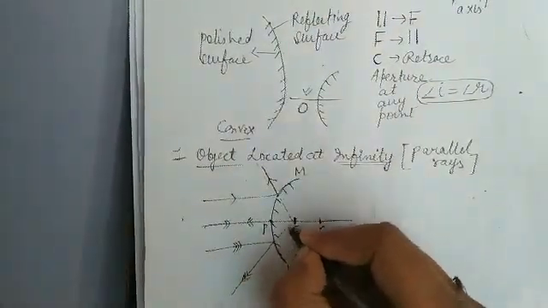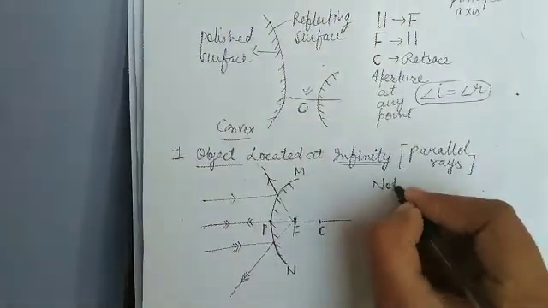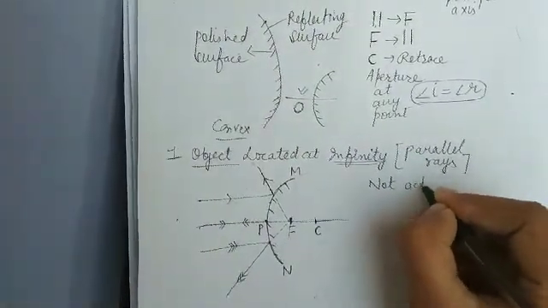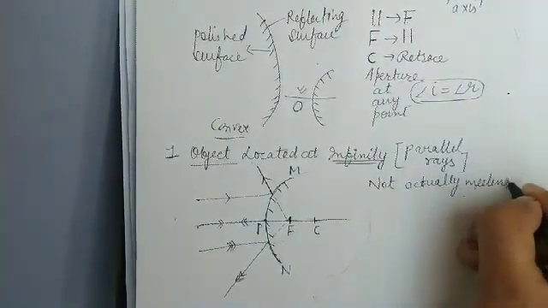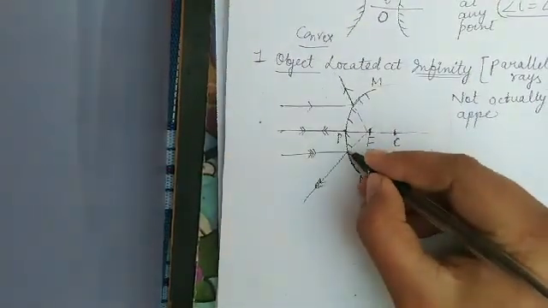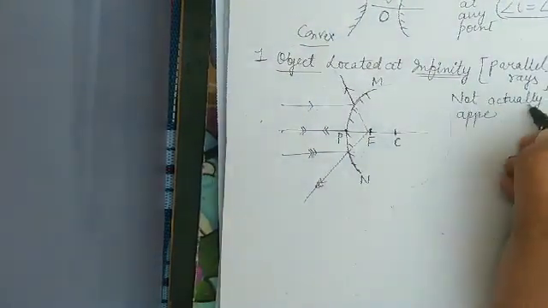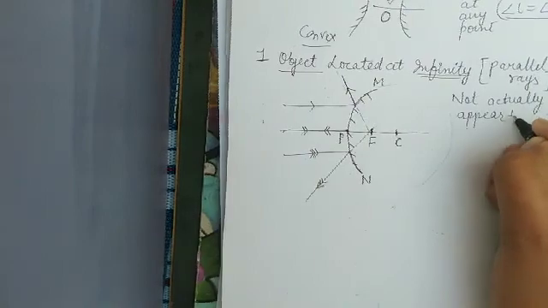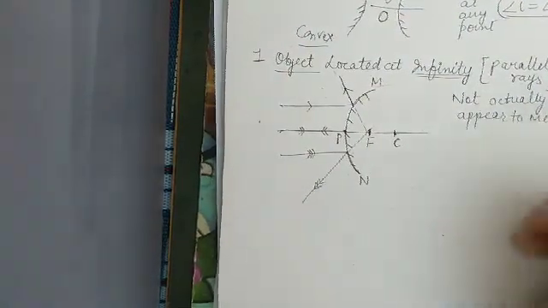These three rays after reflection are not actually meeting, they only appear to meet at a point, the focus. It means not actually meeting but appearing to meet at the focus.